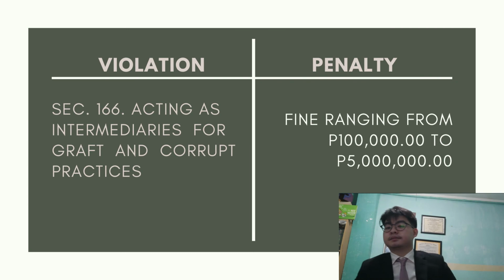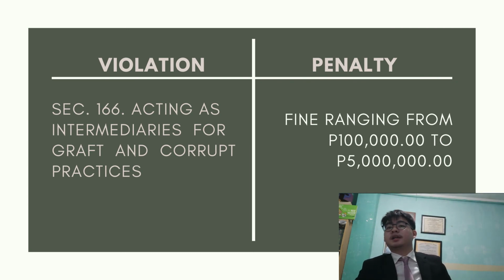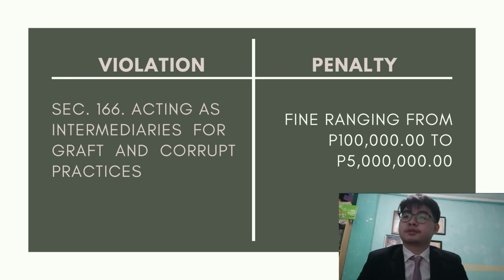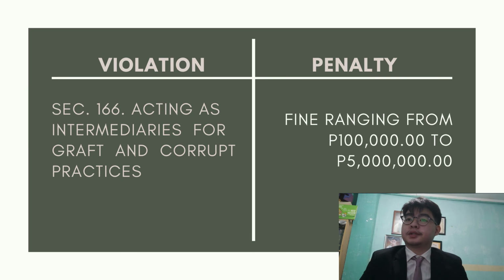Section 166. Acting as intermediaries for graft and corrupt practices. A corporation used for fraud or for committing or concealing graft and corrupt practices, as defined under pertinent statutes, shall be liable for a fine ranging from 100,000 pesos to 5 million pesos.